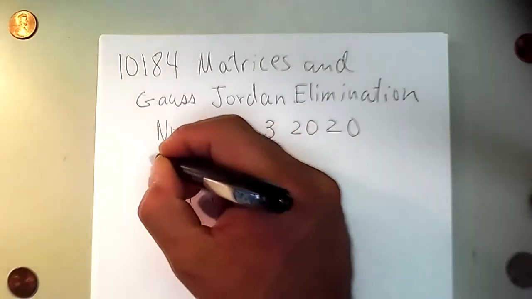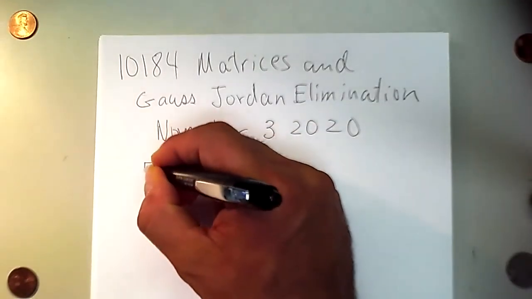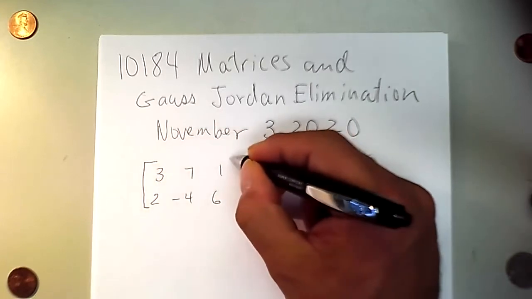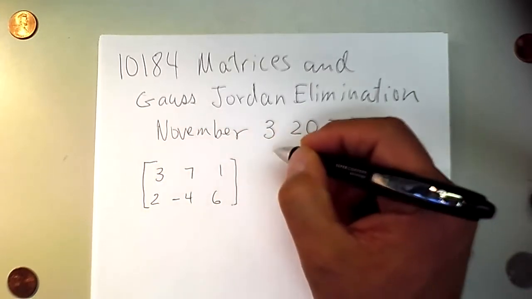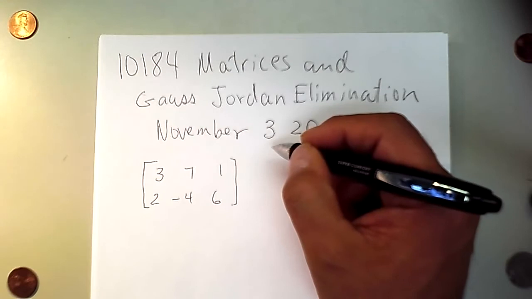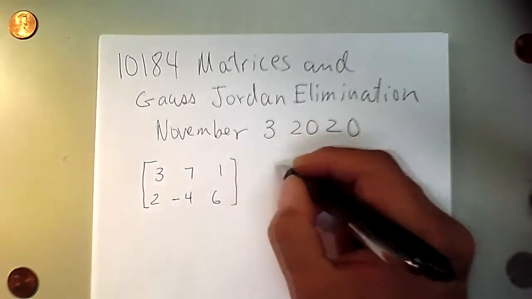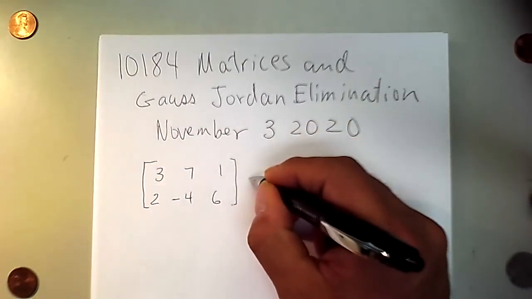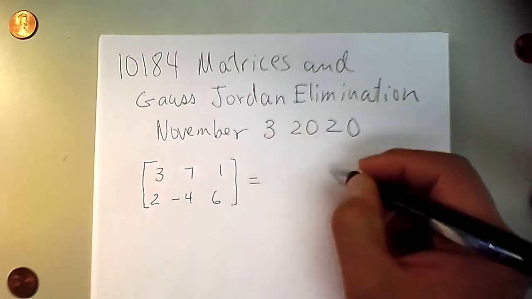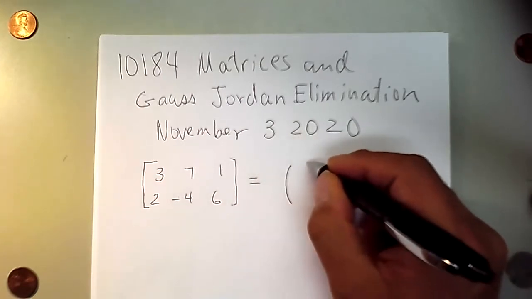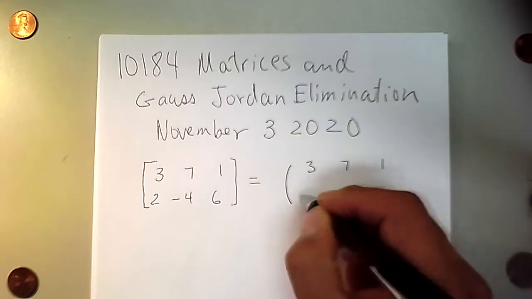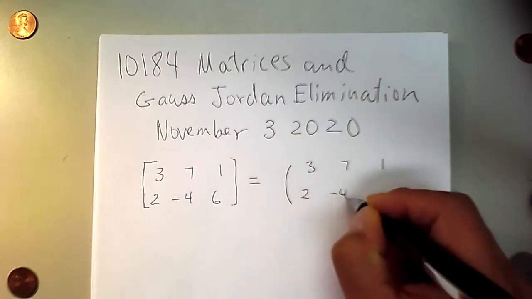The notation we use is typically a square bracket, but I don't really care whether it is square or not. So in my view, this is exactly the same thing as 3, 7, 1, 2, negative 4, 6.